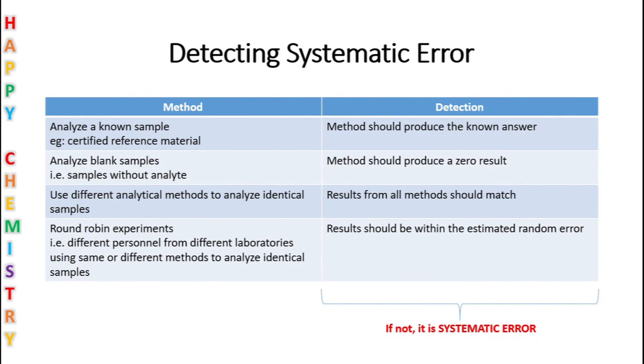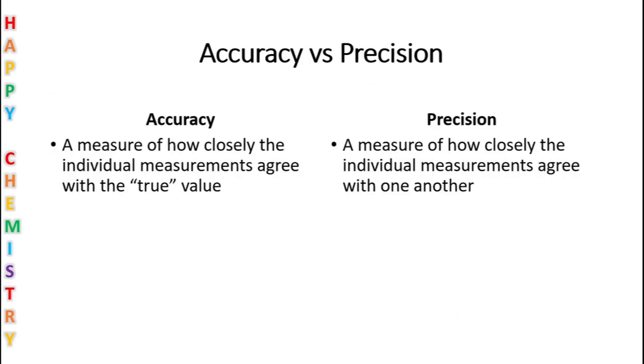When considering uncertainty, accuracy and precision are 2 important concepts. Accuracy. Accuracy is a measure that indicates how closely the individual measurements agree with the true value. That means nearness to the truth.